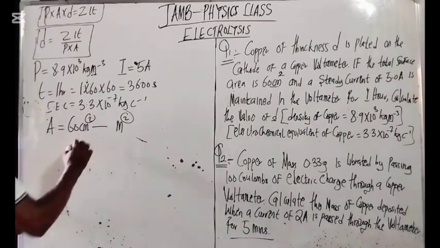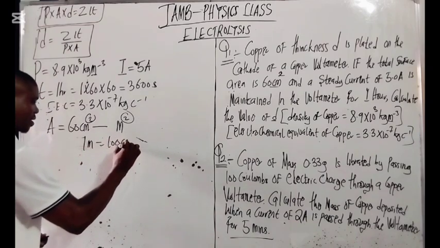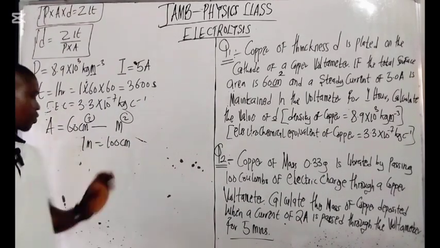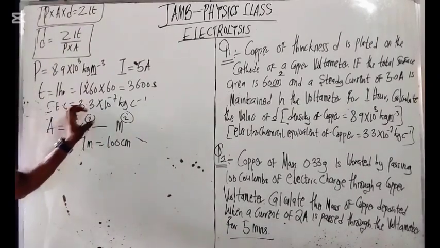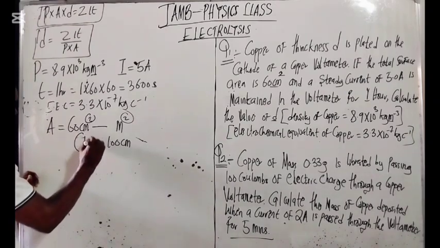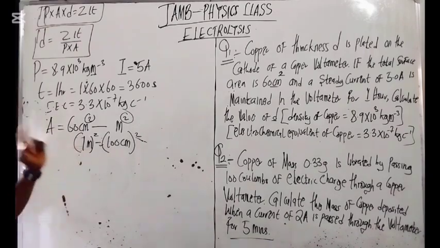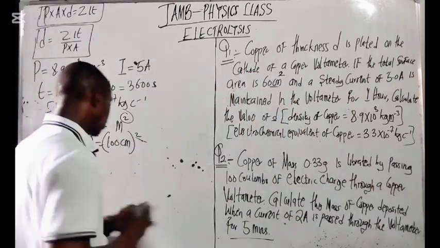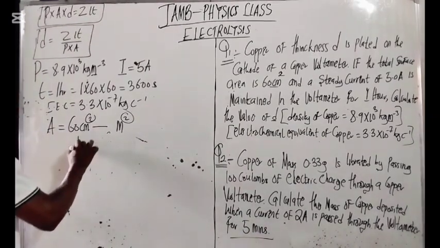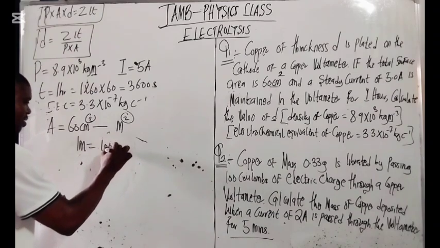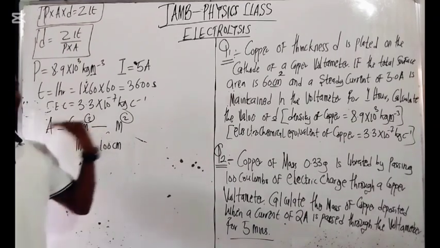Remember, 1 meter equals 100 centimeters. But here it is squared. In our conversion, 1 meter equals 100 centimeters, but this is length, and they are talking about area, which is squared.